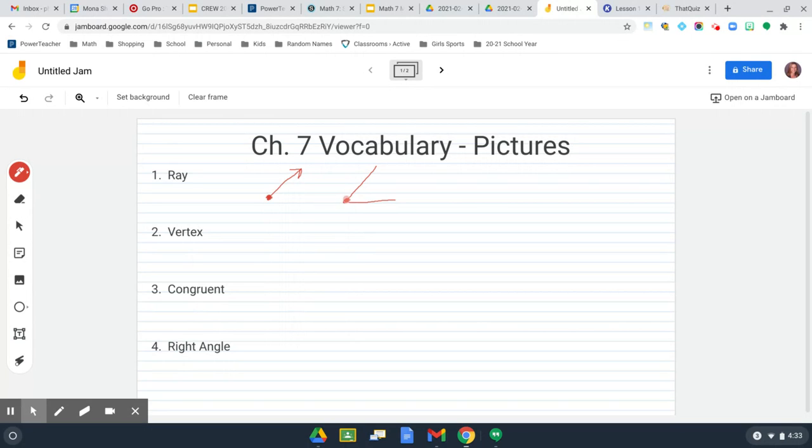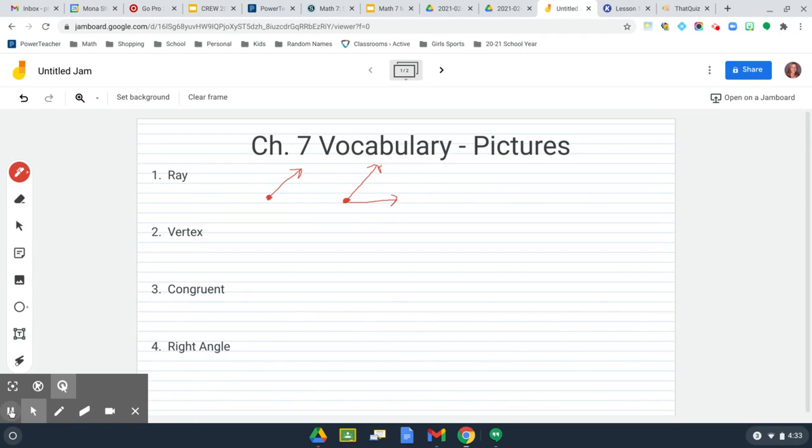I could put that dot right in the corner and show that this is a ray coming out the top of that angle, and also this is a ray coming out the bottom of the angle. So there are actually 2 rays in this picture. You could have just one ray coming from that point, or if you're forming an angle, you have two rays coming from that point. So first vocab term: a ray, the segment, a line of an angle.